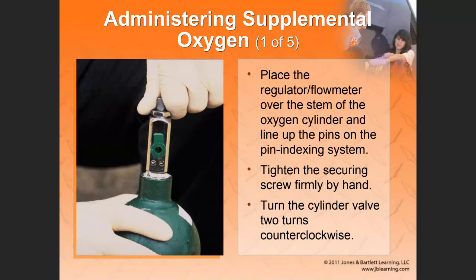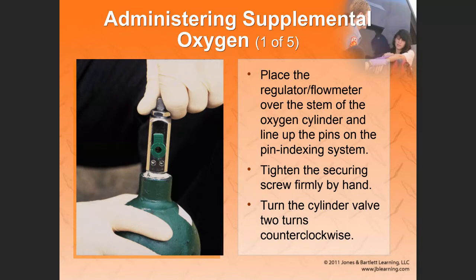Once the regulator is on the cylinder and it fits properly and it is tightened, then we turn on the cylinder and check the cylinder for leaks. No leaks, then you can attach your appropriate device, whether it's low flow via nasal cannula or high flow via non-rebreathing mask or partial rebreather mask.